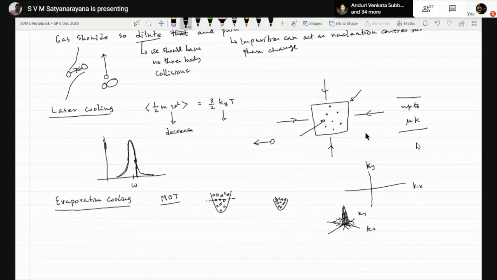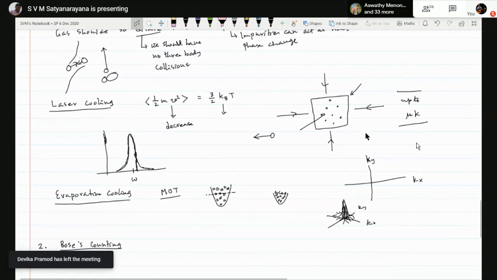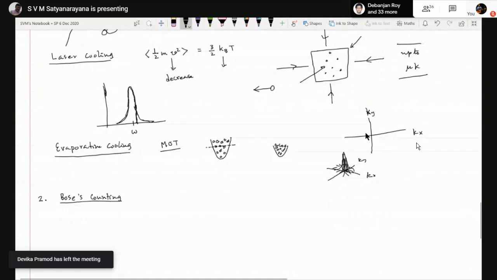The second remark is with respect to Bose counting. Bose counting has the following idea.